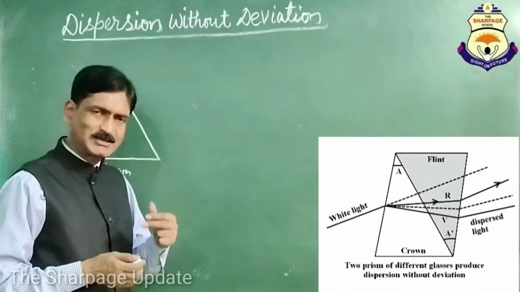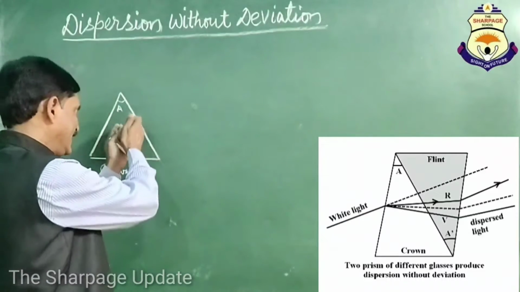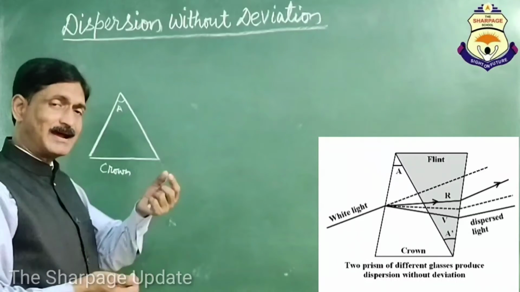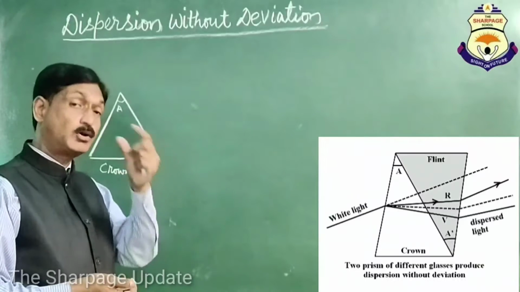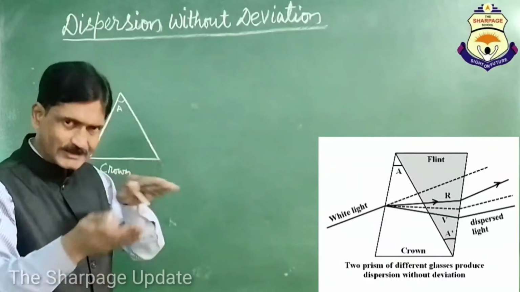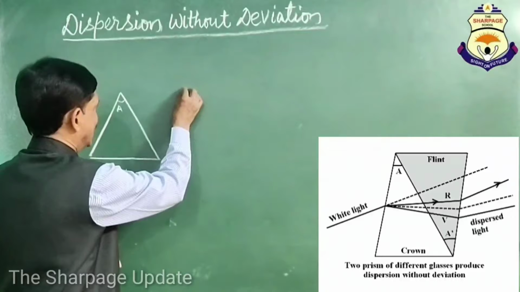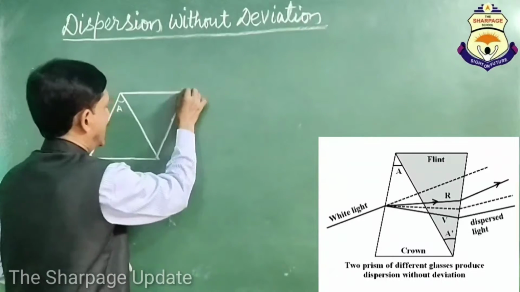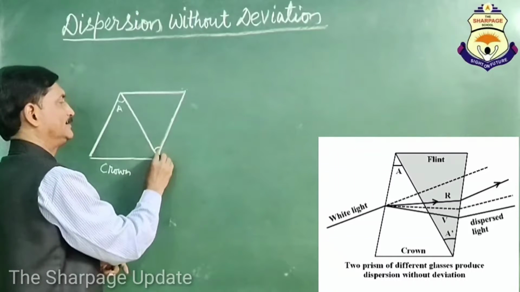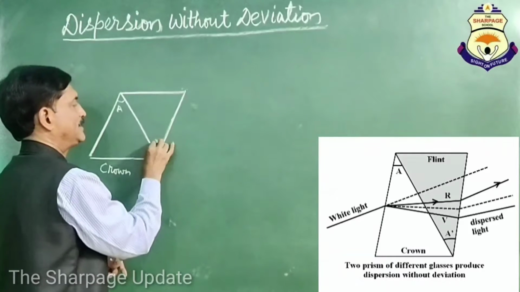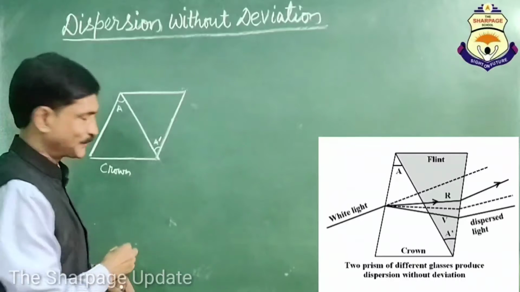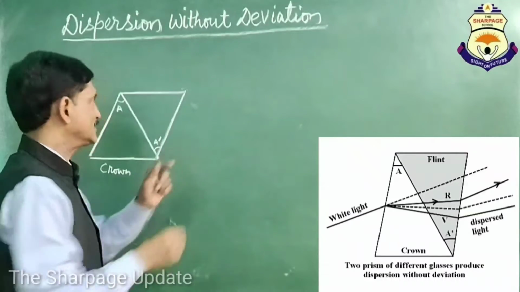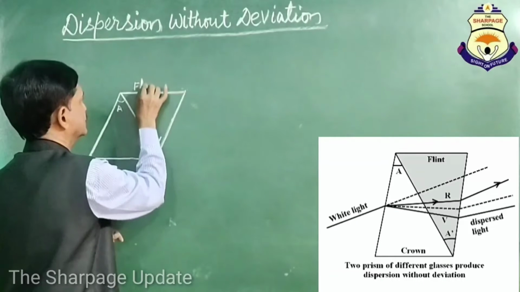The second prism is placed near the first prism in such a manner that the angles of prism of both prisms are opposite to each other. It means the other prism will be placed in this manner, and the angle of prism for this prism is represented by A dash, and the material of the second prism is flint glass.